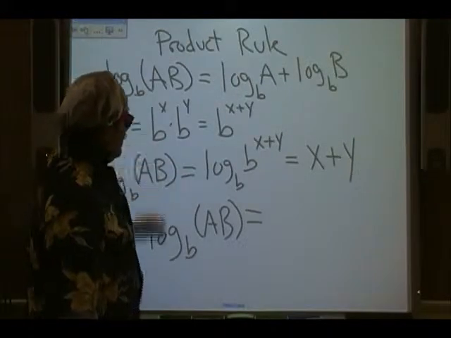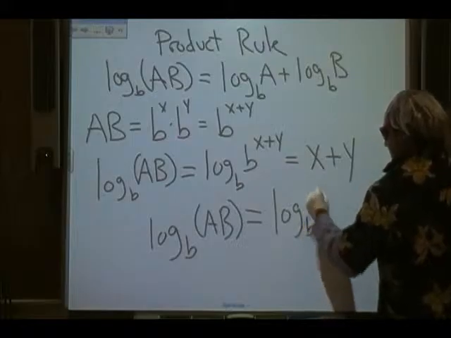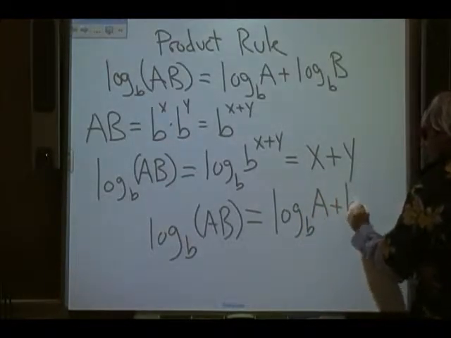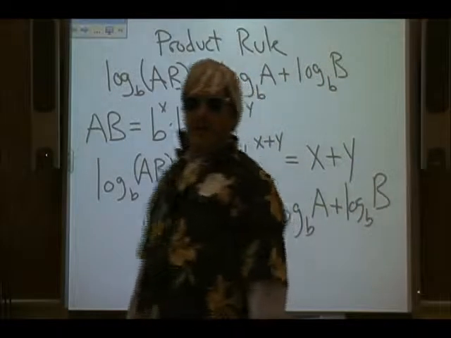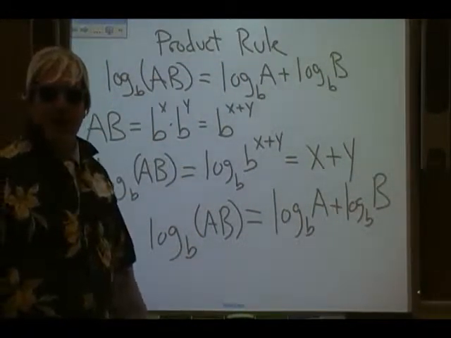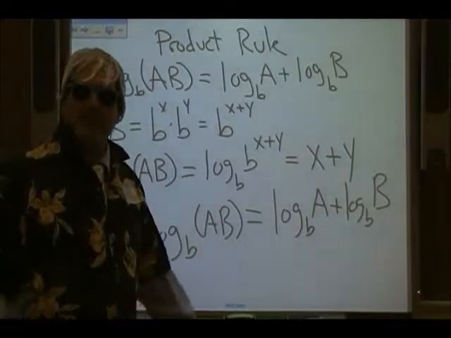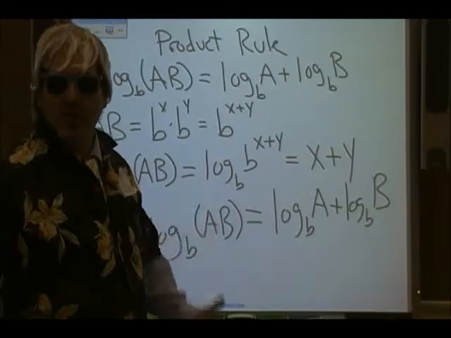So therefore, we have log in the base b of a plus log in the base b of b. We just proved the product rule. And with the same idea, same steps, you can prove the quotient rule.